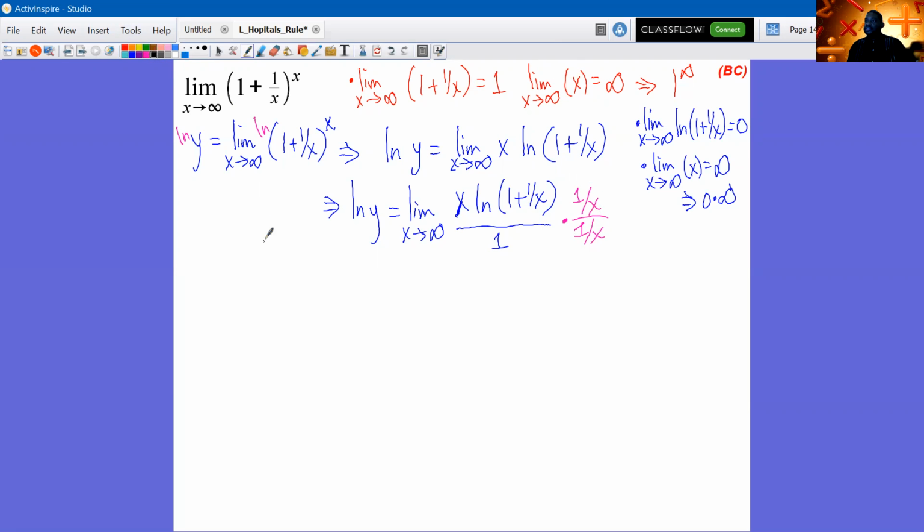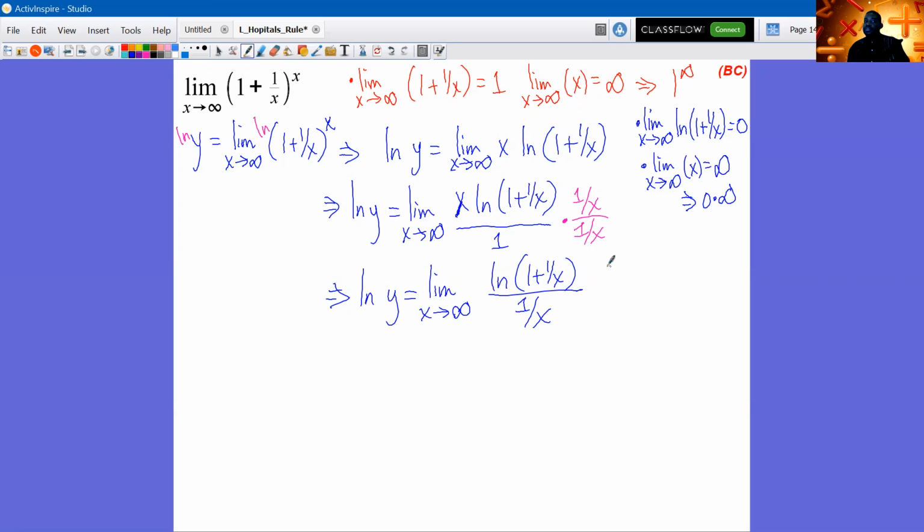So now I have the following limit. I have natural log of 1 plus 1 over x, over 1 over x. So I got another form.